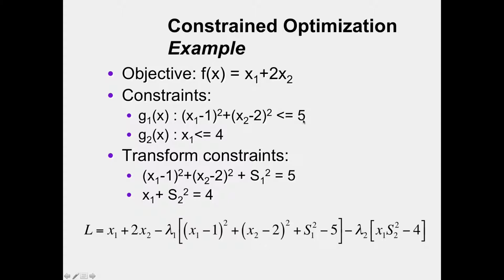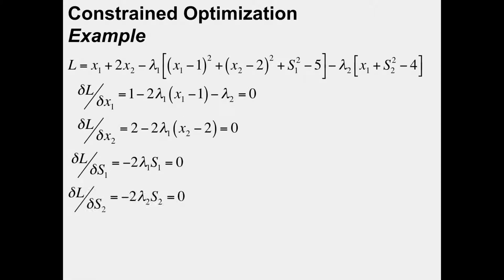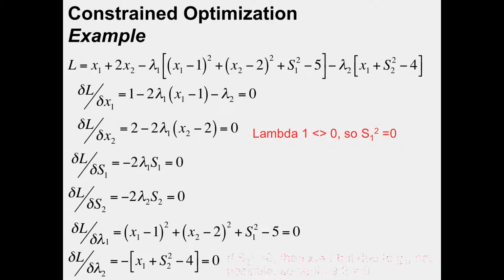That's not possible, right? So it's not possible. So all the way back here, in which case, if s2 is not equal to 0, it cannot be, then lambda 2 must be equal to 0. Right? Lambda 2 must be equal to 0.